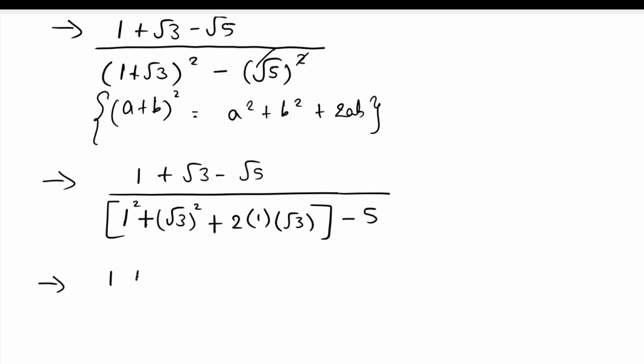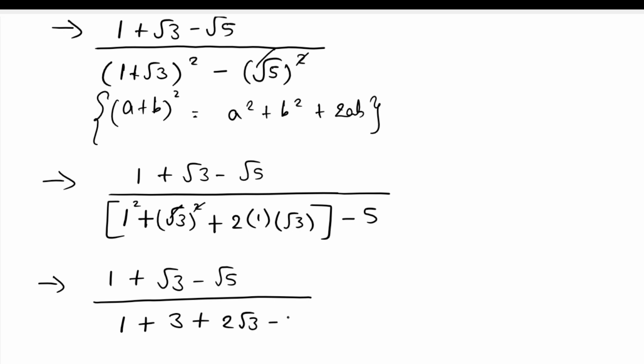So this will give us 1 plus root 3 minus root 5 divided by 1 plus, here square root and square will get cancelled, so 3 plus 2 root 3 minus 5, which is equal to 1 plus root 3 minus root 5 divided by this 1 plus 3 is 4 and 4 minus 5 is minus 1. So root 3 minus 1.